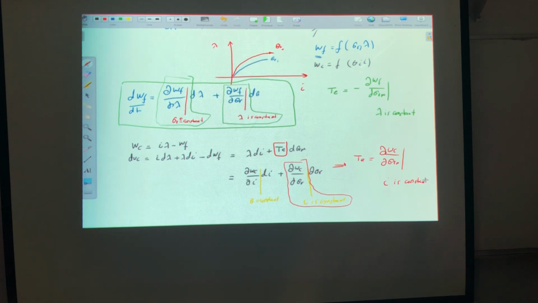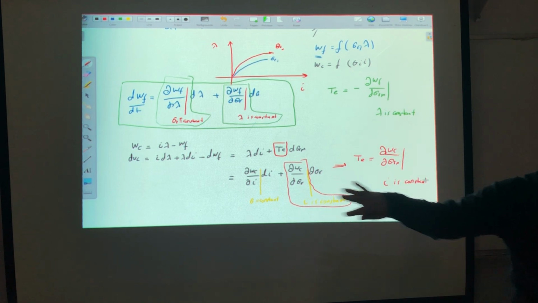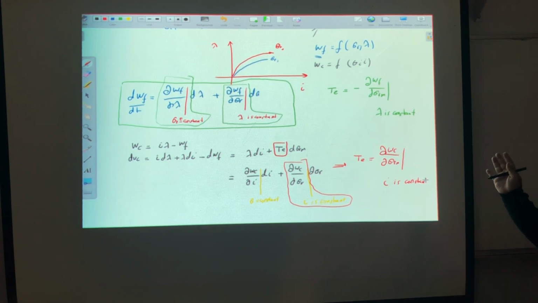One is stored in the field energy, and the second one is converted to mechanical power. Of course, I have the third one, which is the losses. But here I neglected it, because I only need this one, because I link it with theta. The ohmic losses will never contain theta inside. So if I need to do the chain rule, I must think that all the other variables are constant, although they are not. Otherwise, I cannot do the differentiation.